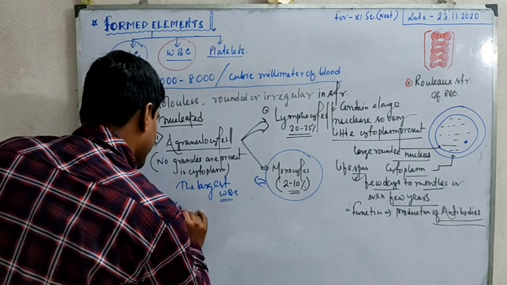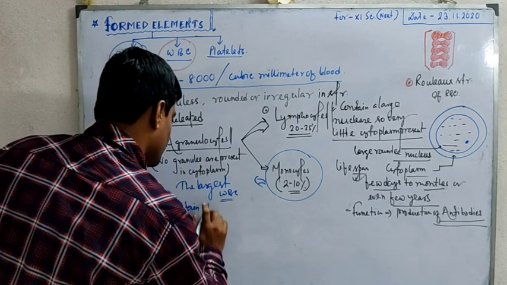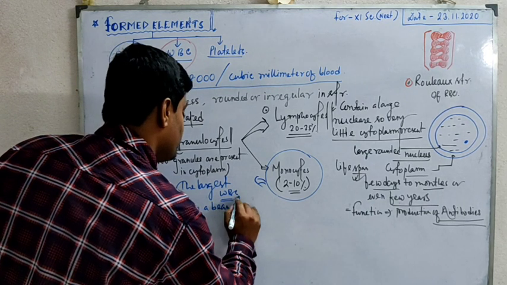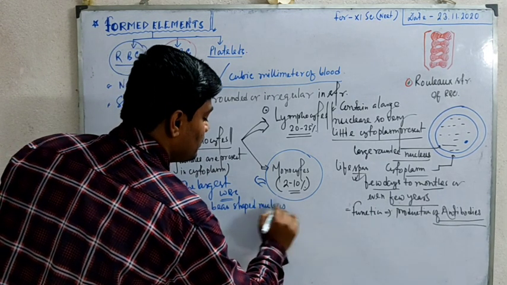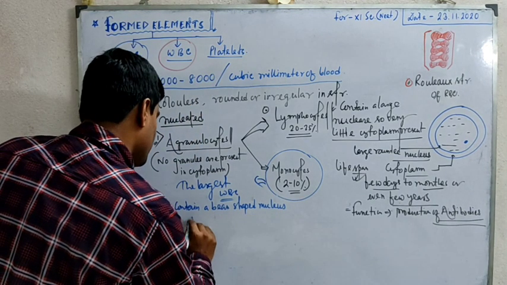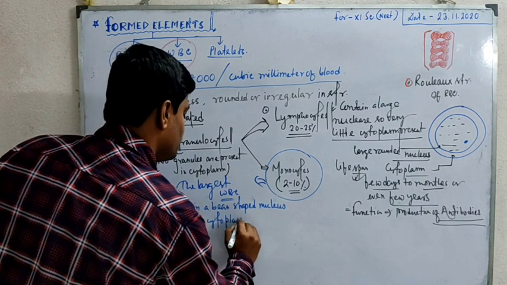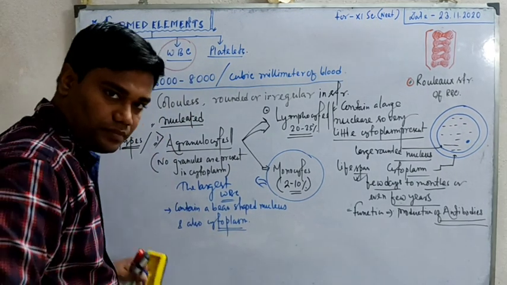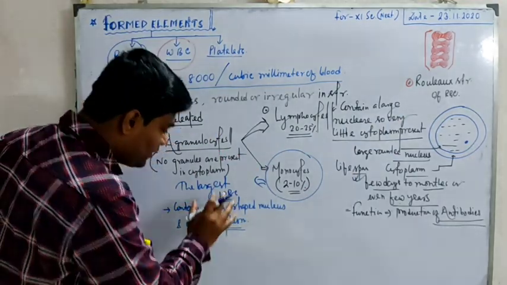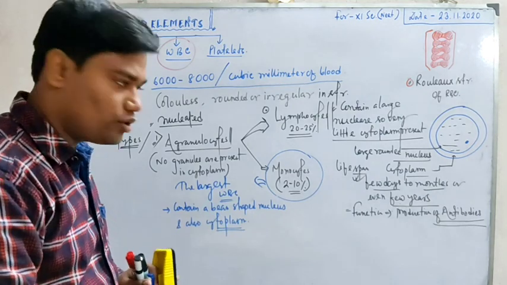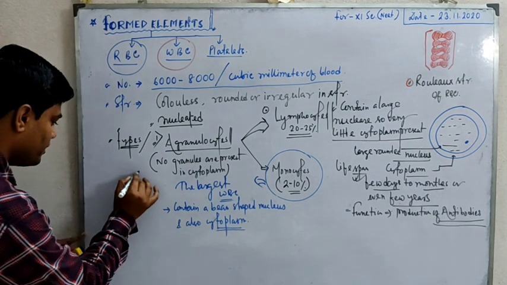It contains a bean-shaped nucleus and also cytoplasm. Here the cytoplasm is in much more amount than in lymphocyte, where it was scanty or little. So this is the largest WBC.